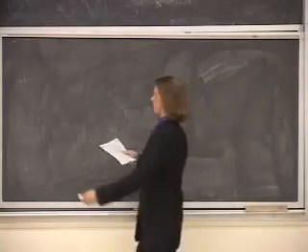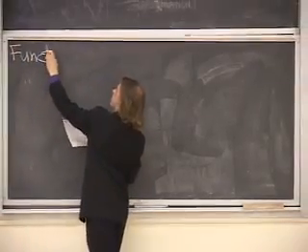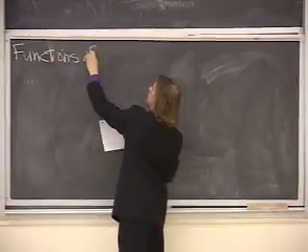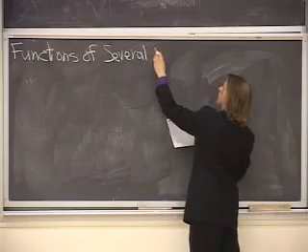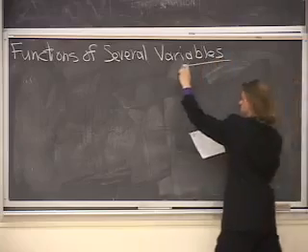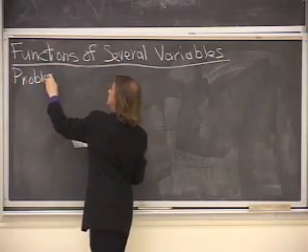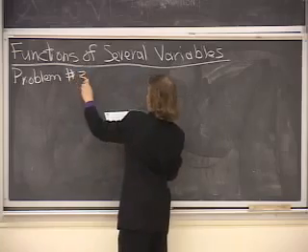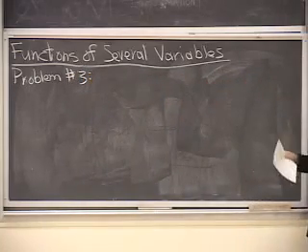I also want to talk a little bit about analyzing running times that might depend on more than one variable. Or more generally, what are the big O relationships between functions of several variables? So here's problem number 3.